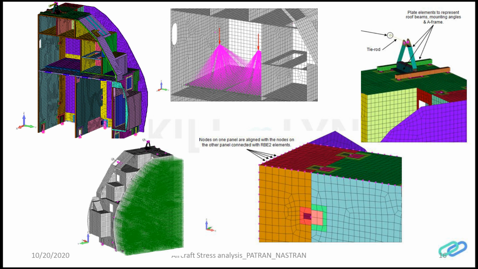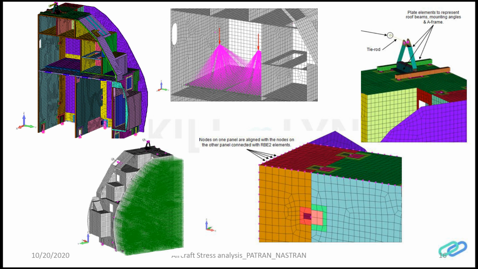Each and every panel will be connected to the neighboring panel using fasteners. They have a special type of eye lock rivets, and those kinds of rivets are used for connecting the panel.